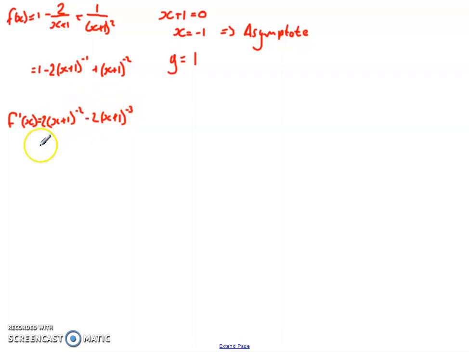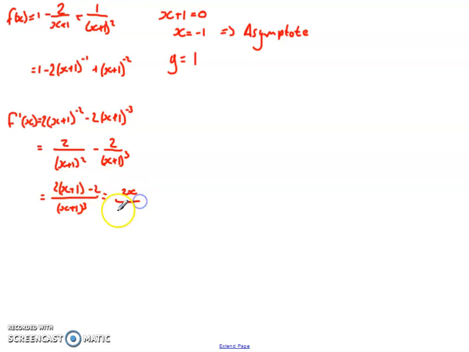So if I then rearrange this, what I'll end up getting is 2 over x plus 1 squared, take away 2 over x plus 1 cubed. Combine both of these and put them over a common denominator, and what I'll end up getting is 2 bracket x plus 1 minus 2 over x plus 1 cubed, which then gives me 2x plus 2 minus 2, so that gives me 2x over the x plus 1 cubed.